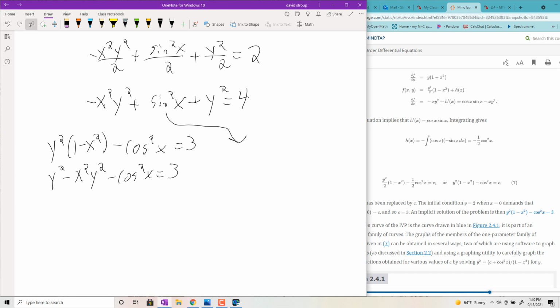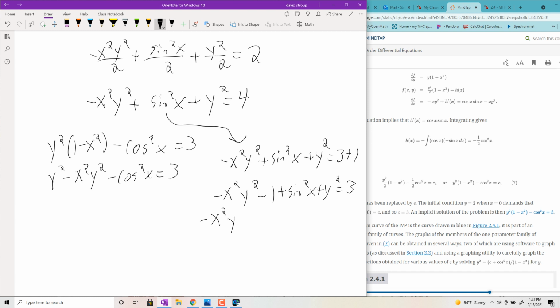If you take my answer and go like this, so negative x squared y squared plus sine squared x plus y squared equals 3 plus 1, because 3 plus 1 is 4, and then move the 1 to the other side, you get negative x squared y squared minus 1 plus sine squared x plus y squared equals 3. Then you could factor out a negative from the negative 1 plus sine squared x, and you get negative 1 minus sine squared x plus y squared equals 3.